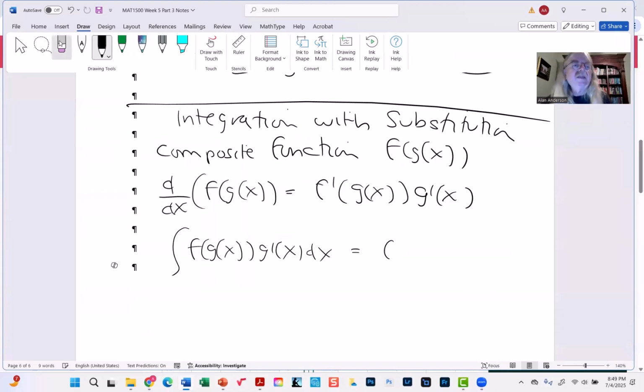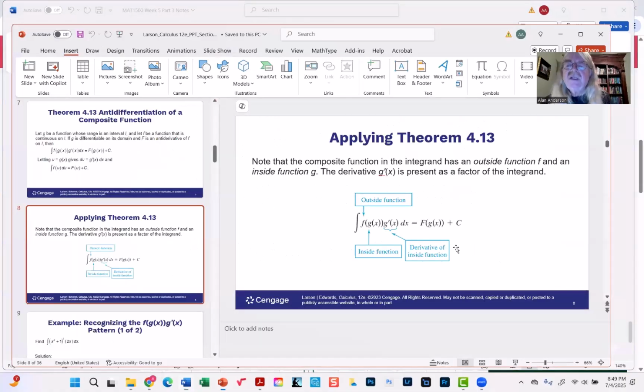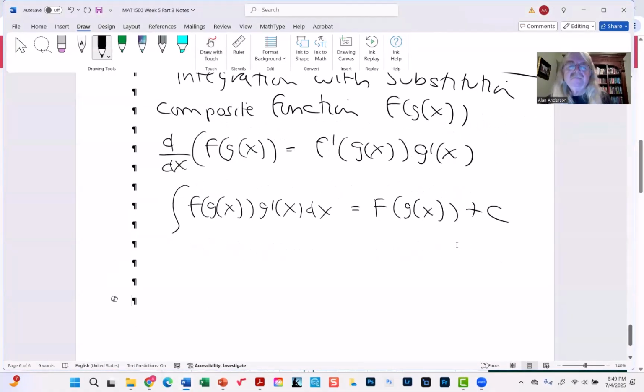It ends up being, okay, now remember the capital F is the integral. The lowercase f is the original function. So the integral itself is a composite function.